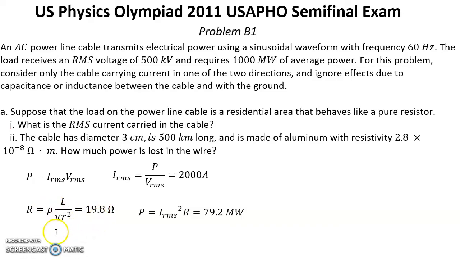To find the power loss, we use this formula: I RMS square multiplied by resistance R, which is 79.2 megawatts. So that's the answer for question 2 in part A.